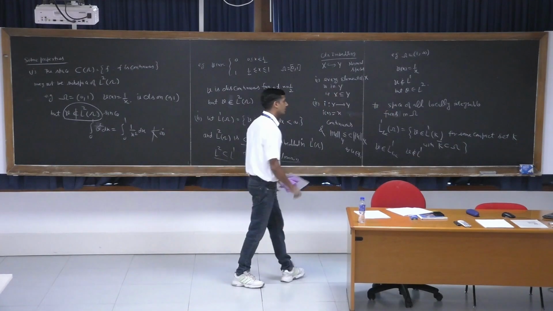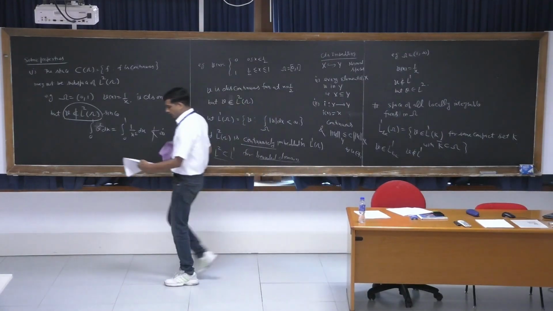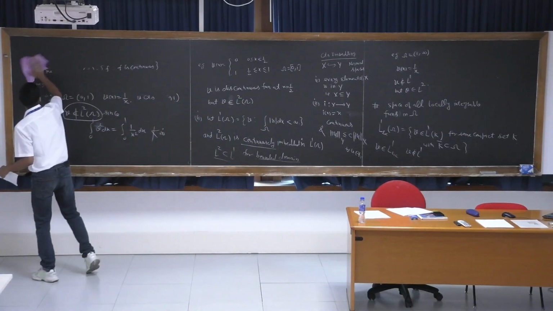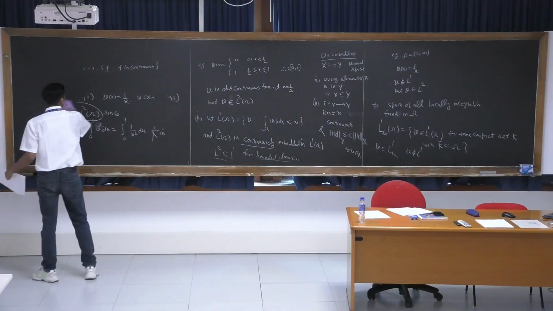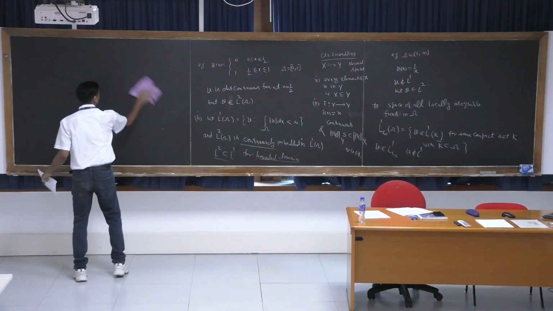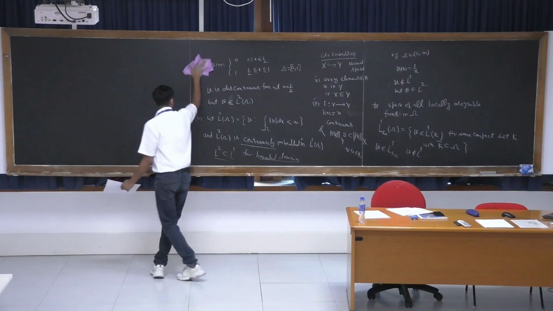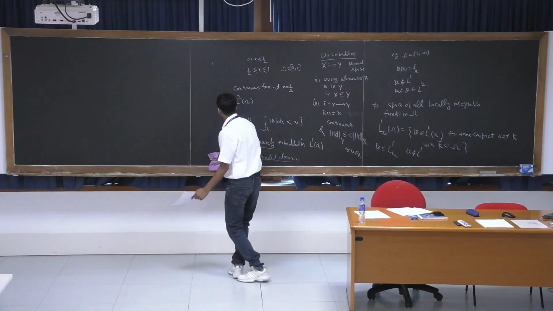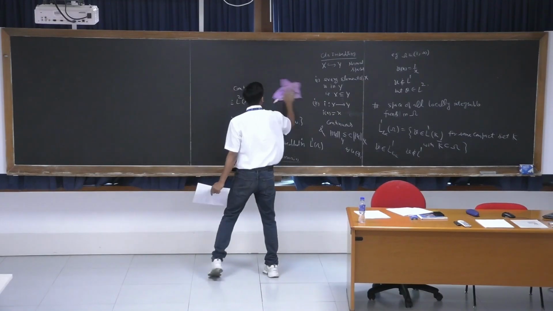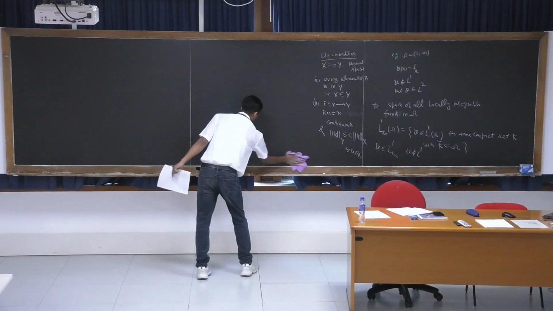Not necessary. Okay, so now this was the L2 space, L1 space, L1 loc, because I will use these spaces in finite element methods. So that's why it is necessary to define these spaces and their properties.